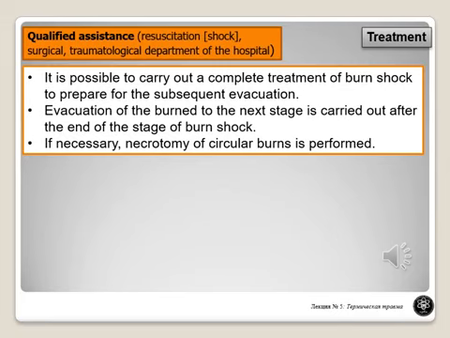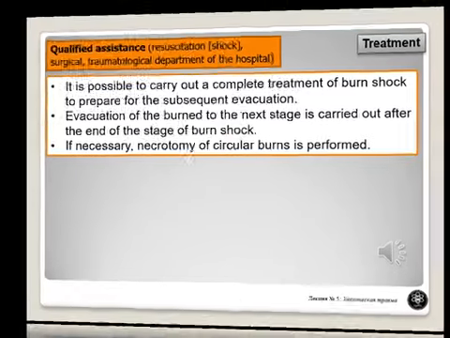A full-fledged treatment of the same burn shock will be carried out, or there will be a preparation for the subsequent evacuation. The evacuation of the burned patient to the next stage is carried out after the end of the burn shock stage. In the process of burn shock, only manipulations that are performed for vital indications are carried out. One of these manipulations is necrotomy, that is, dissection of circular burns. We will also talk about it a little later.